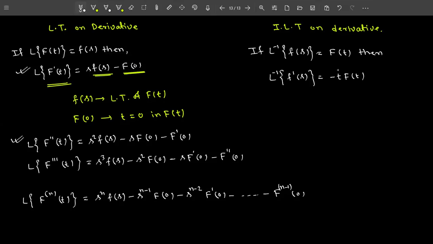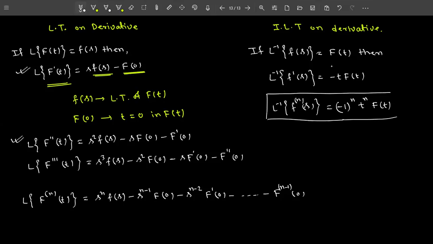In general, Laplace inverse of F^n(s) equals minus 1 to the power n, where the derivative is taken n times, so you multiply t n times: minus 1 to the power n t to the power n into f(t). This is the general formula for inverse Laplace transform.